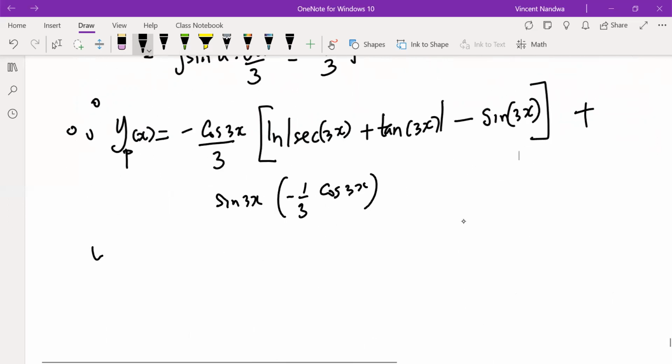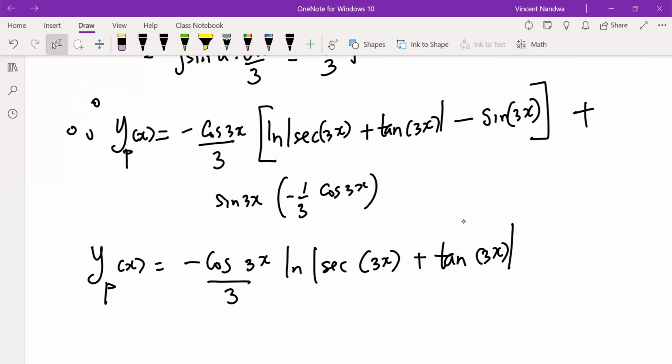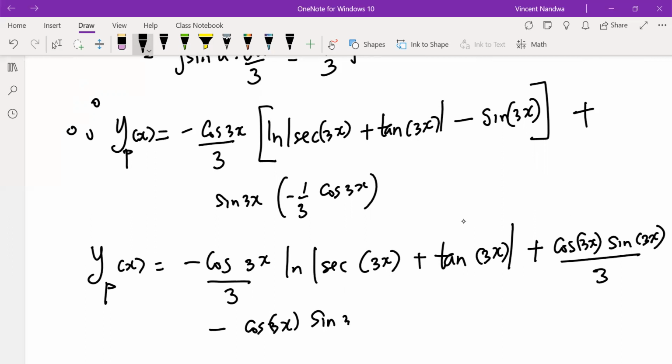So this will give us yp of x equals to negative cos 3x over 3 ln of sec 3x plus tan 3x, minus will be plus cos 3x sine 3x divided by 3, and then this is minus cos 3x sine 3x divided by 3.